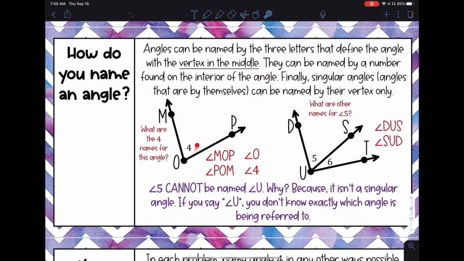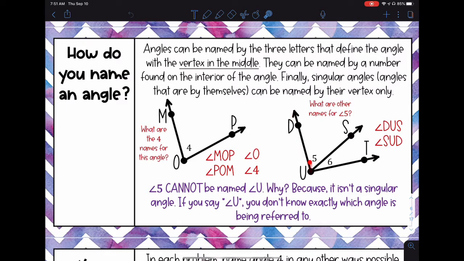If there's a number down here, you can also call it angle 4, or whatever number is down here. And if it's just a single angle, like this guy, because this guy is considered two put together, this guy is just one. If that's the case, you could just name him by his vertex, which is angle O.